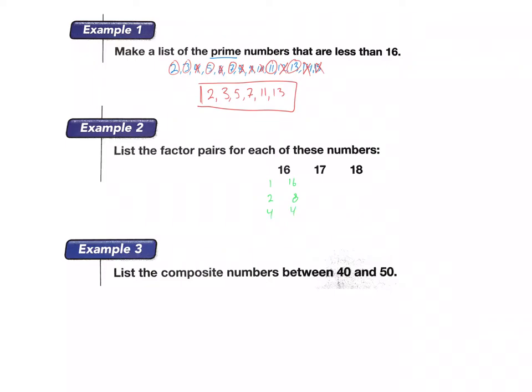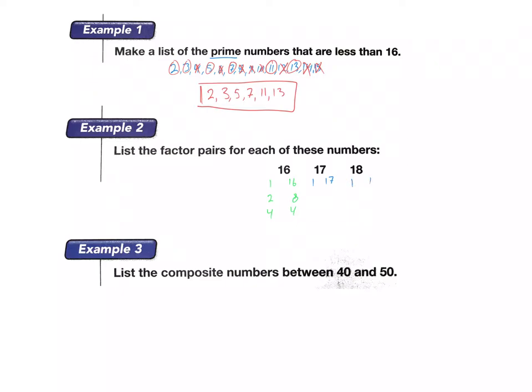That's going to be all of my factor pairs for 16. So those pair up together to give me 16. For 17, I have 1 and 17. 2 doesn't work, and none of 3 through 16 work. So it's my only factor pair.